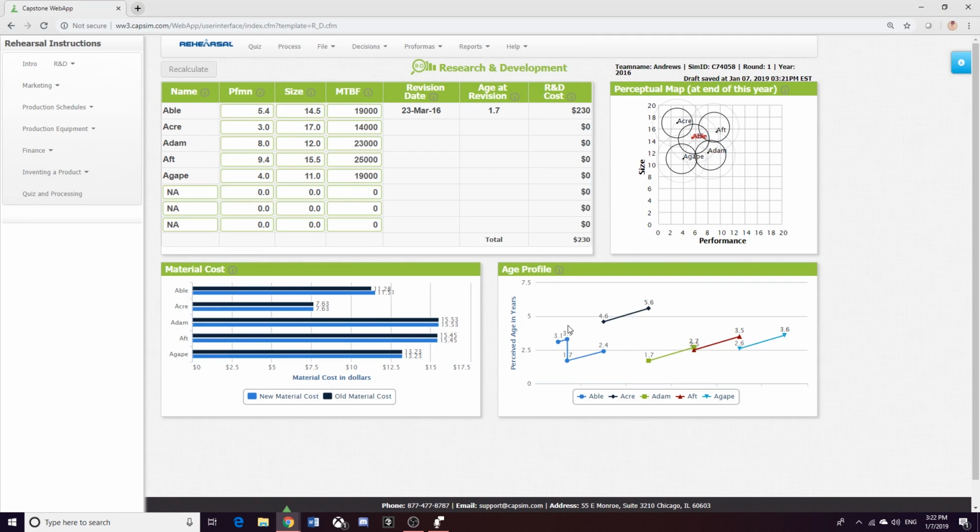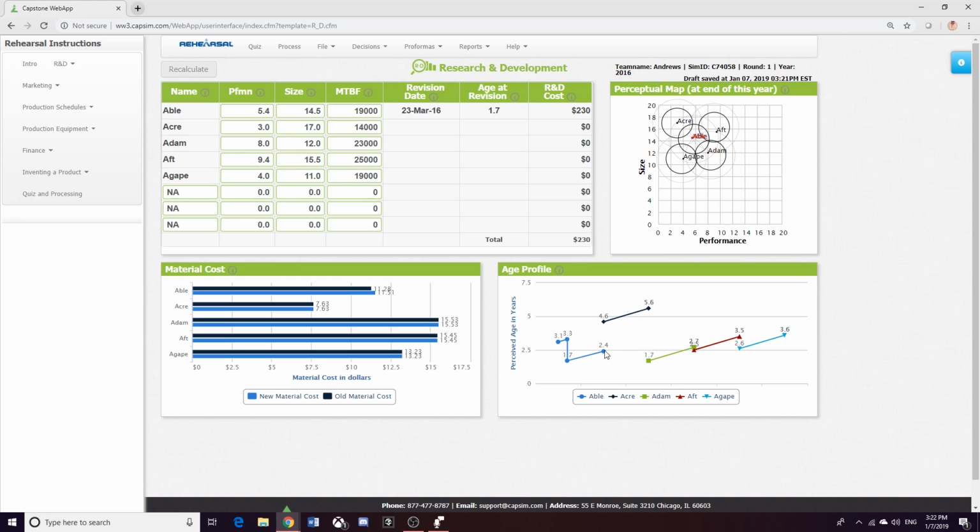So if you look here, the age profile for the traditional segment, until March it's 3.3, and then when it reaches March 23rd, it goes down by half. It goes to 1.7, and then from 1.7 it goes to 2.4. So at the end of this round, the age is gonna be 2.4.